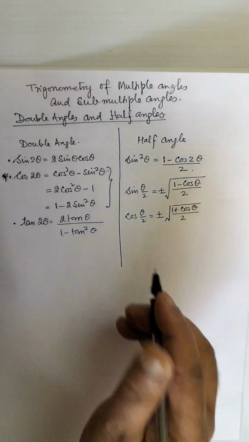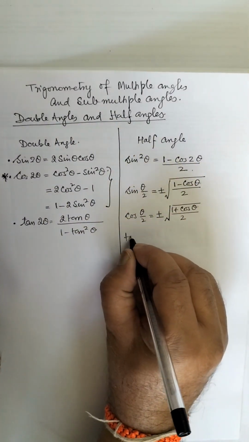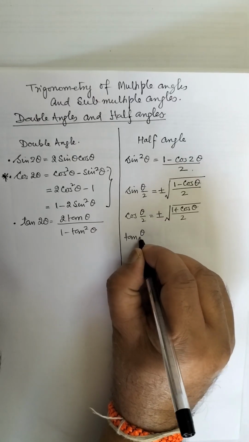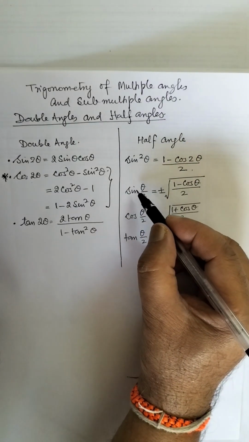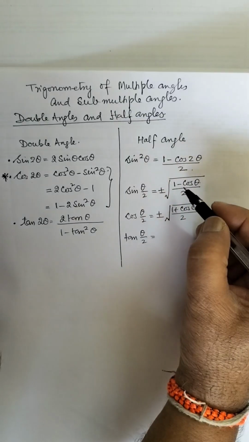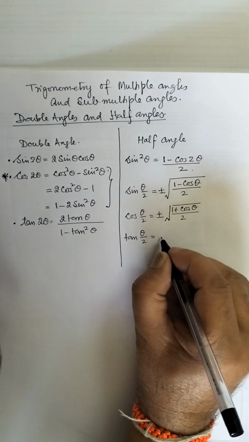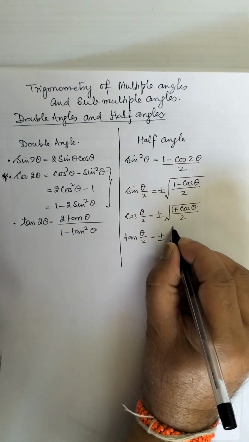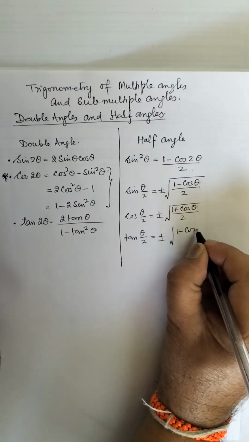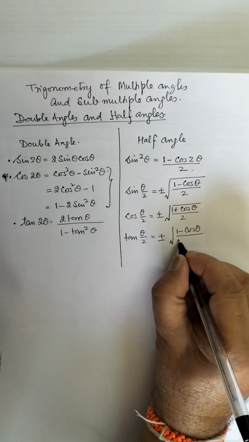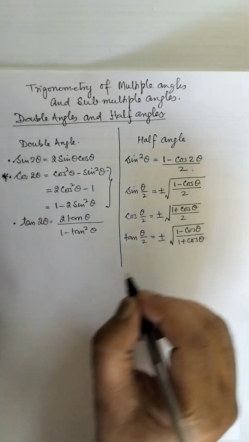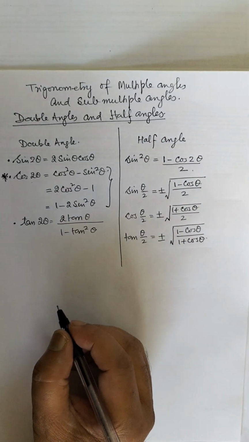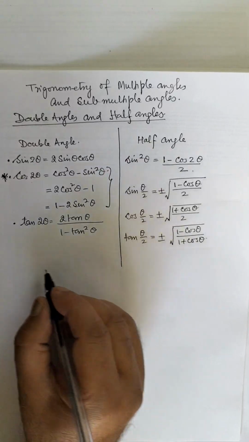And now for tan theta by 2, which is very simple, as we know tan theta is nothing but sine theta by cos theta. We will take the division of these two, which is plus or minus of 1 minus cos theta upon 1 plus cos theta. So these are the basic half angle formulae.